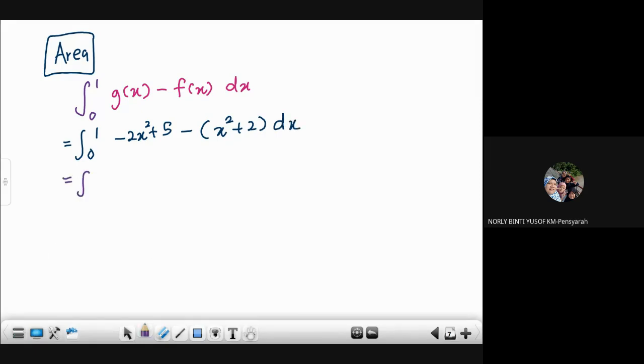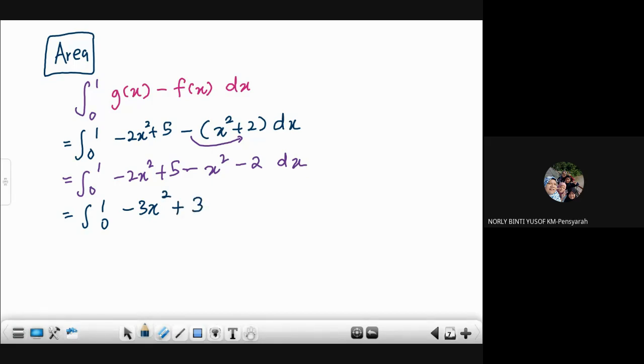Jadi cari 0, 1, negative 2x squared plus 5, negative x squared minus plus become negative 2. So simplify, akan dapat integral 0 to 1 of negative 3x squared plus 3. Ini yang you dah simplify sebab common term you ada 2.